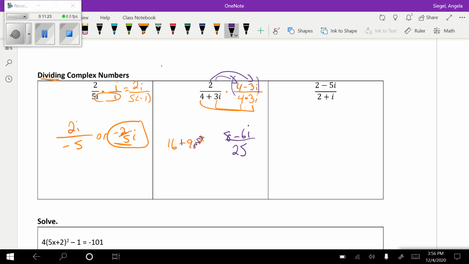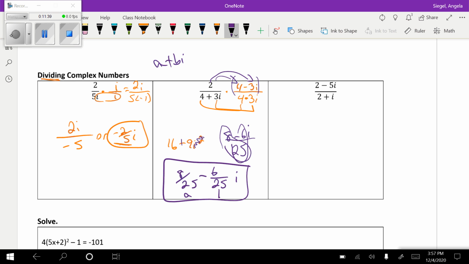And then again, I want to put it in that a plus bi form, so I am going to separate it. So I have 8 over 25 minus 6 over 25i. So this is my a, and that is my b.